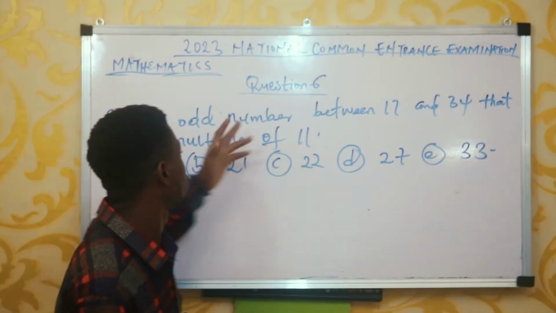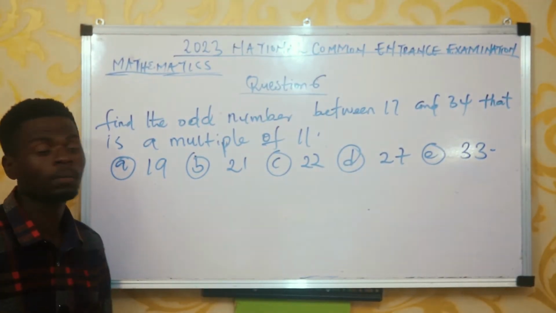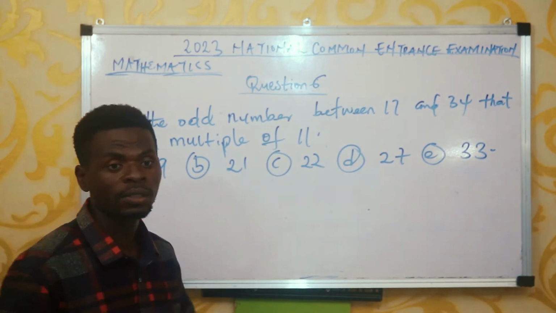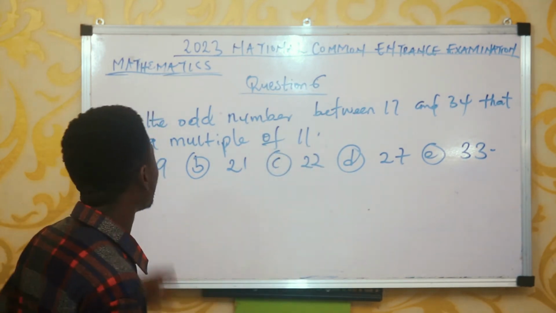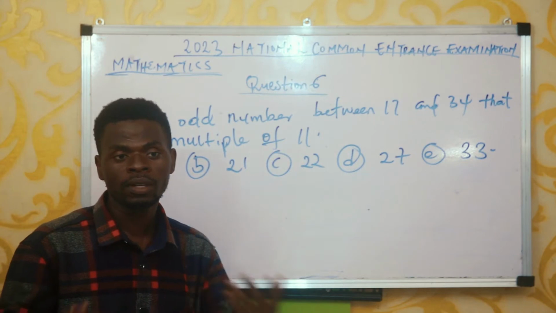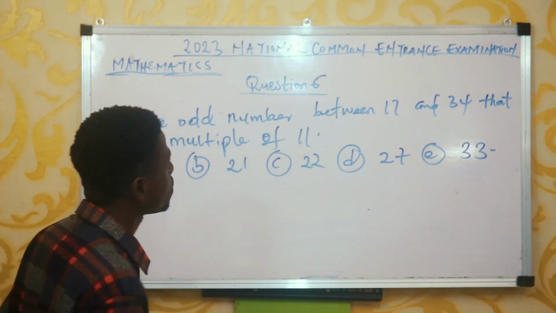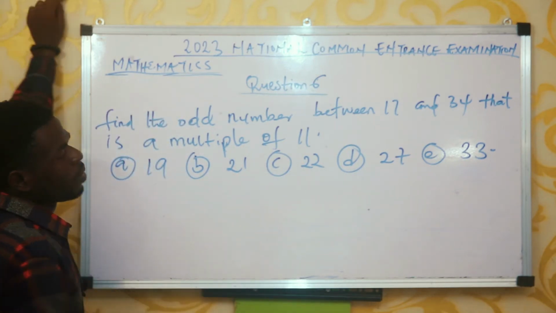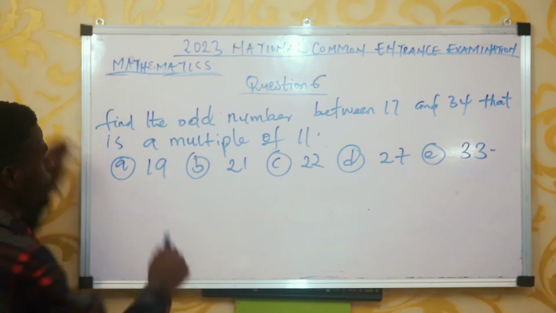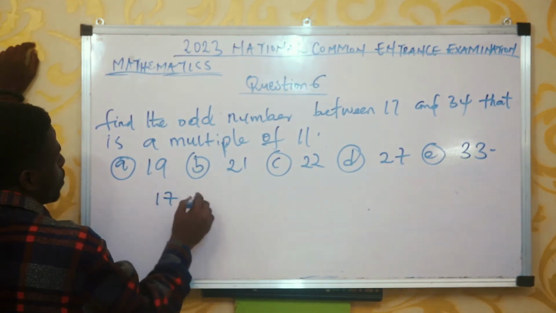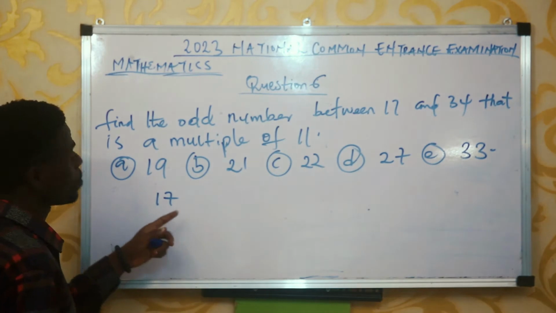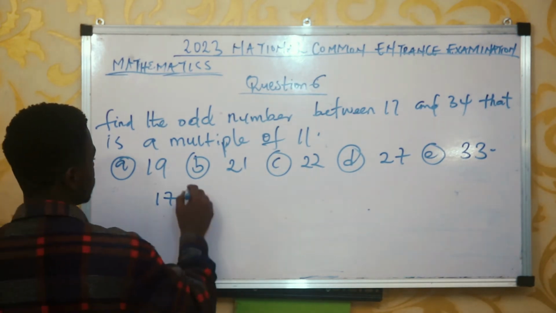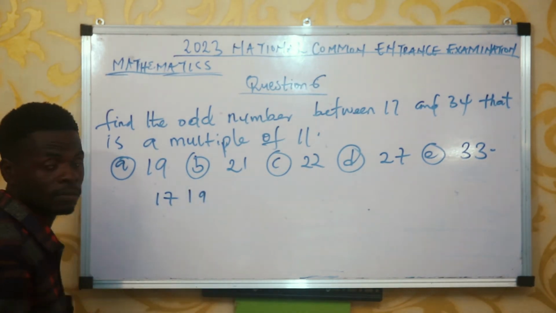Now this is question 6. Question 6 says find the odd number between 17 and 34 that is a multiple of 11. So what are the odd numbers between 17 and 34? The next odd number after 17 is 19. Take note of that.